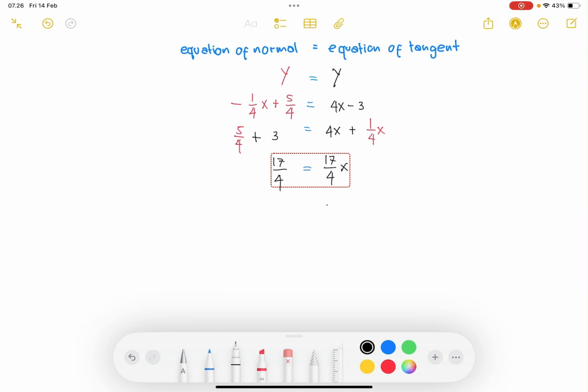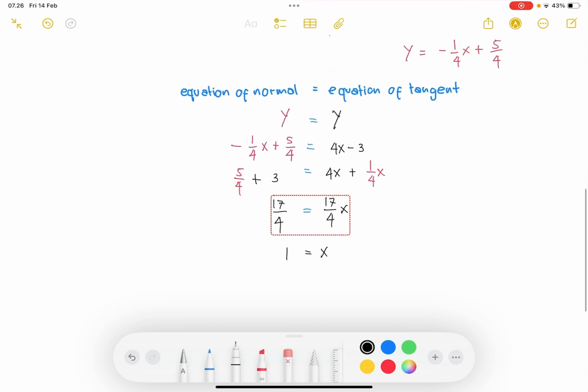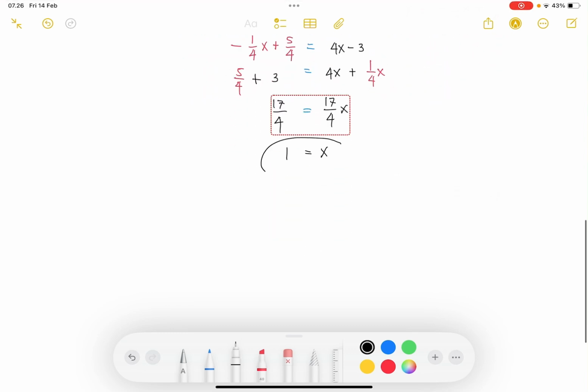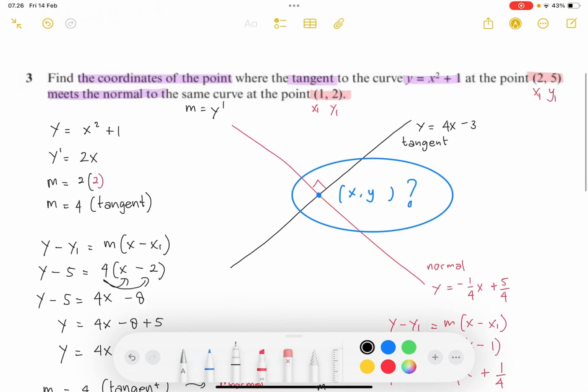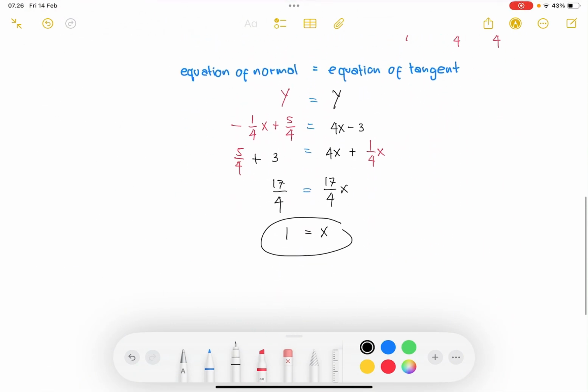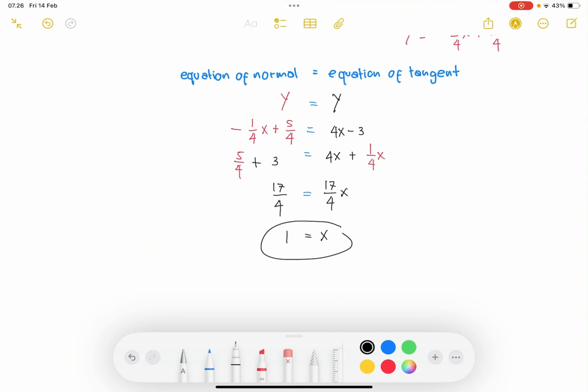So what is x then? x is going to be 1. Done, right? Now, after you find x equals 1, this is already part of the coordinates. You put it here, 1. Now next, how do we find the y? You just need to substitute. Where can you substitute? Here or here. Why?